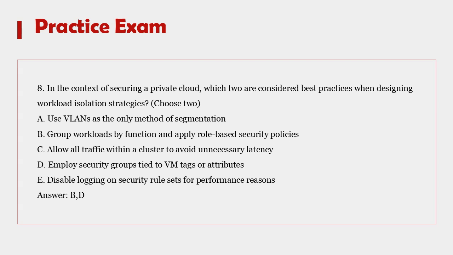C. Allow all traffic within a cluster to avoid unnecessary latency. D. Employ security groups tied to VM tags or attributes. E. Disable logging on security rule sets for performance reasons. Answer: B, D.